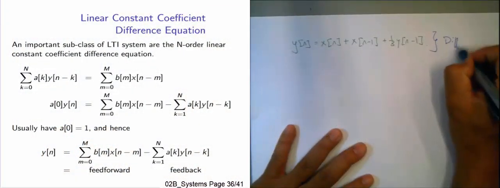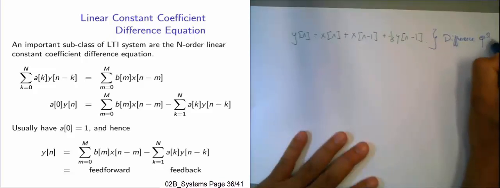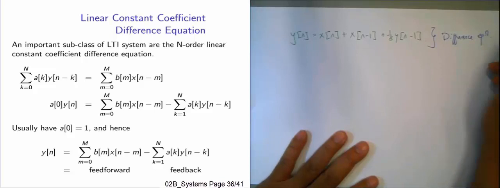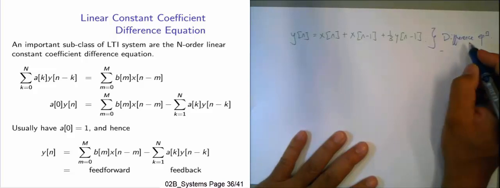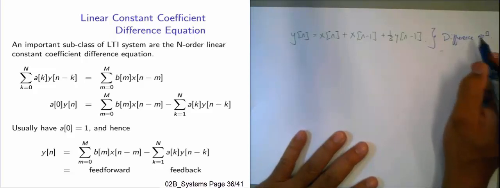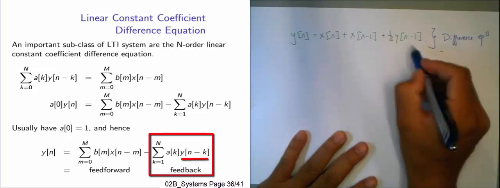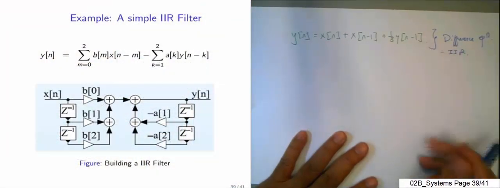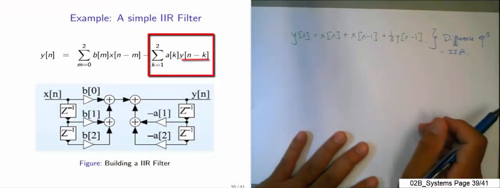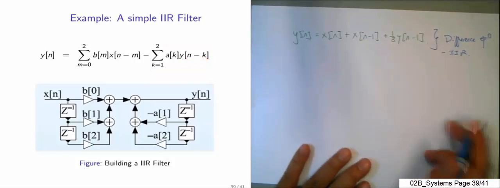The difference equation describing the input and output relationship. So then the next question: is the system an infinite impulse response or a finite impulse response? Yeah, there's a feedback. So typically, infinite impulse response. Of course, in the lab, I show you that not all feedback means infinite. But in this case, it is definitely infinite.